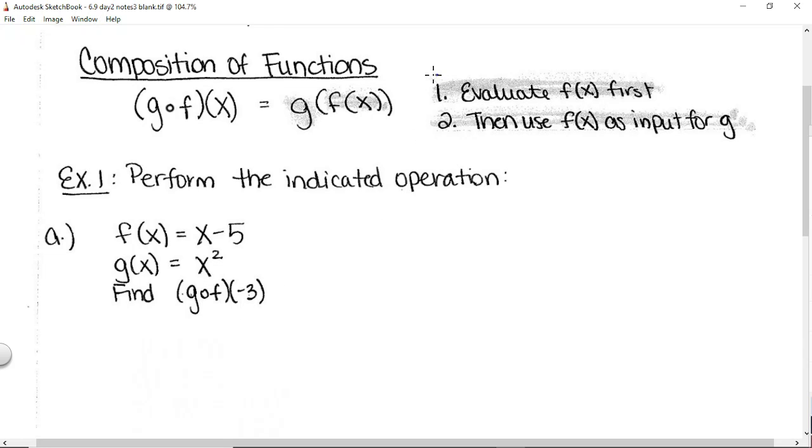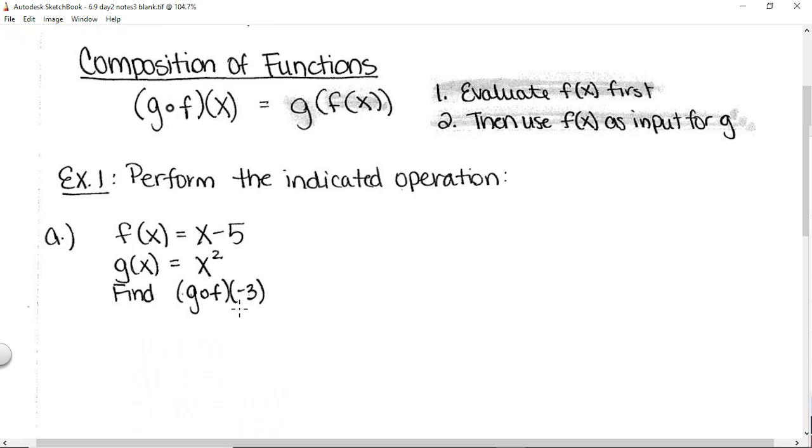And here's how we're going to do it. First, we're going to evaluate f of x, and then use that value that we got as the input for g. And that will give us g of f of x for that particular x. We're just going to evaluate it.